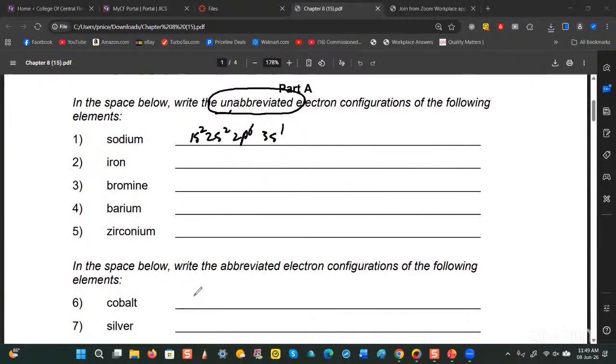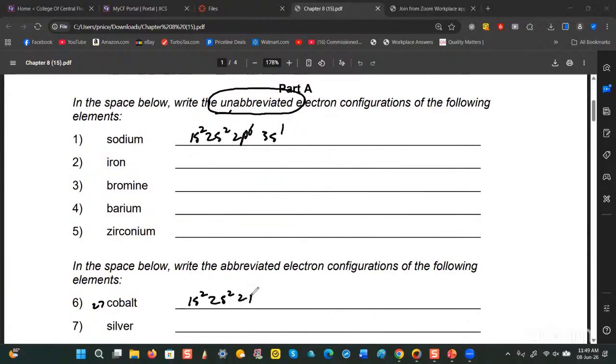Now for cobalt, right? The atomic number is 27. Okay, so 1s2, 2s2.